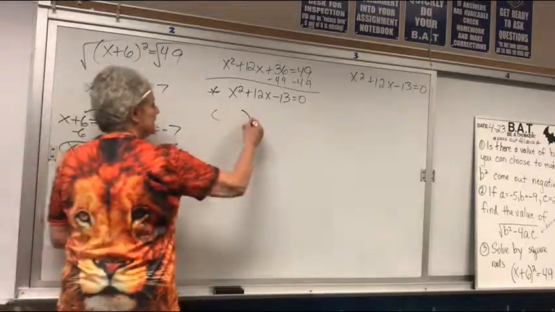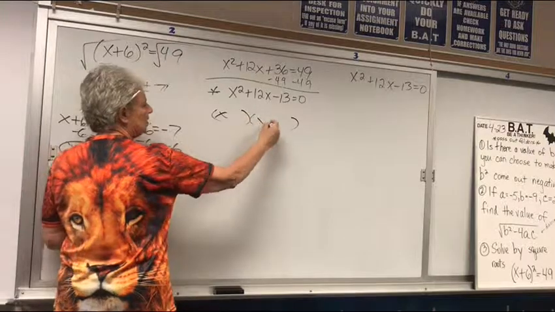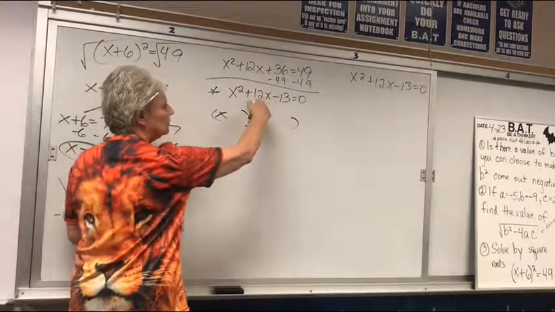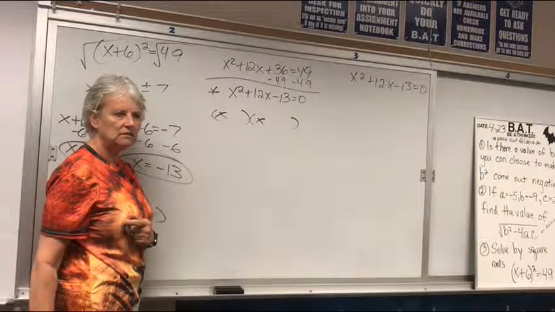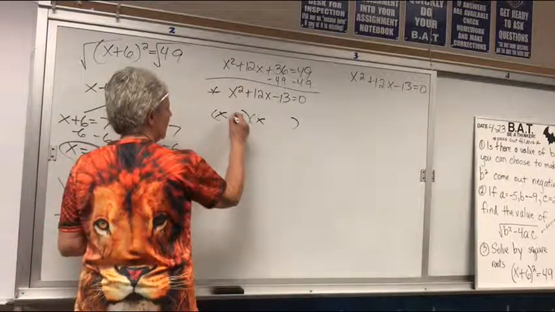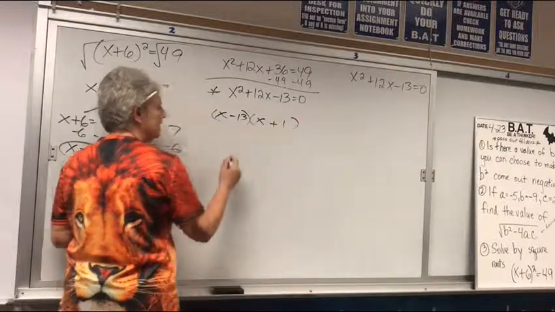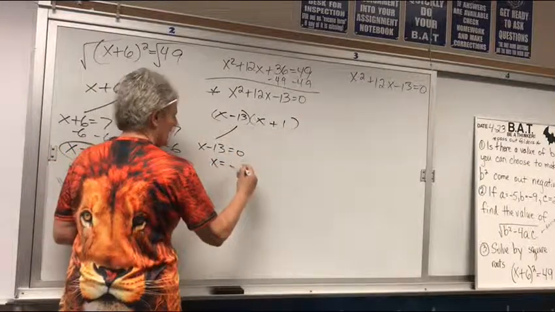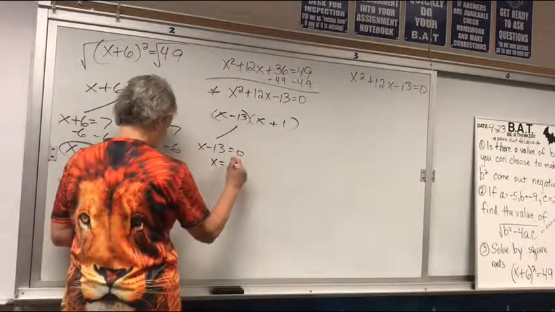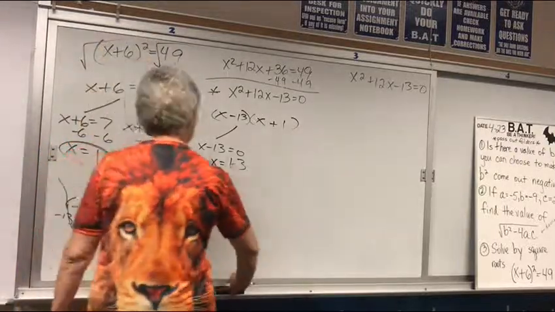You would take this and you would get x, factors of 13 that give me a positive 12. Negative 13, positive 1. X minus 13 equals 0. No. Who said that?